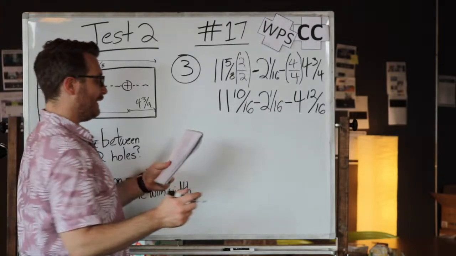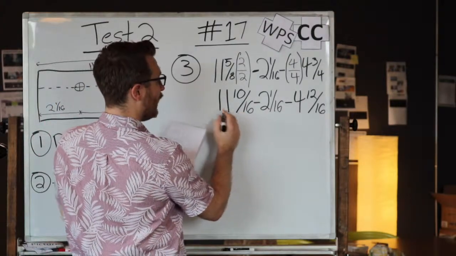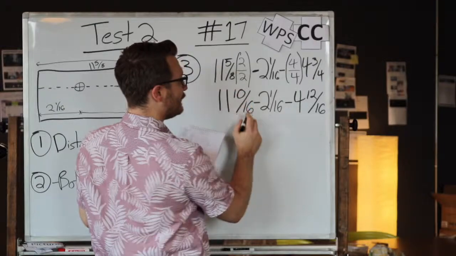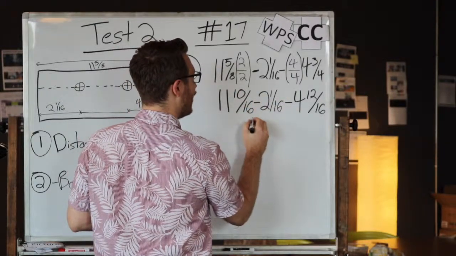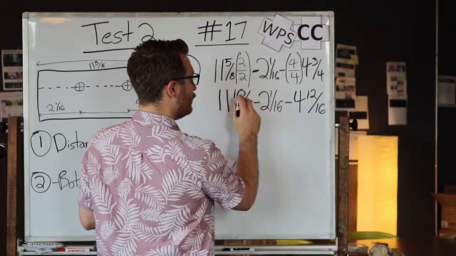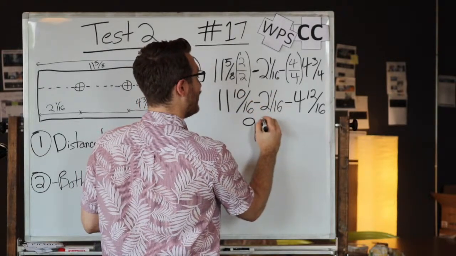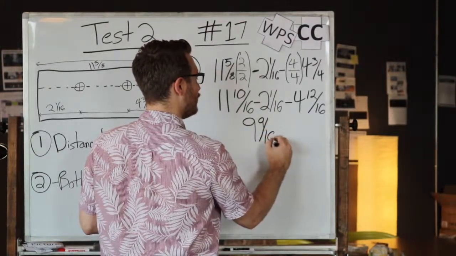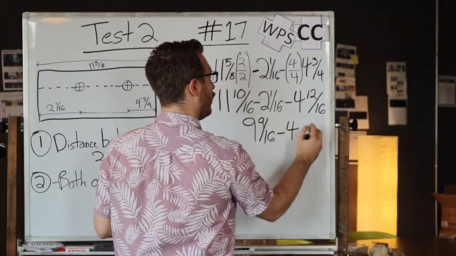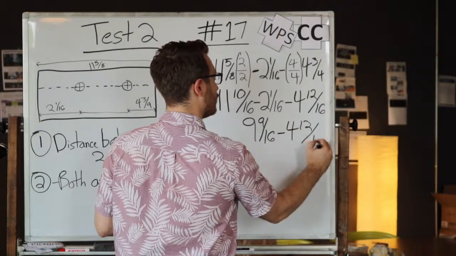So what you will find, let's do this first one over here. So if I want to do 11 and 10 sixteenths minus 2 and 1 sixteenth, 11 minus 2 is 9. And then 10 sixteenths minus 1 sixteenth, that'll be 9 and 9 sixteenths. And we still have 4 and 12 sixteenths.